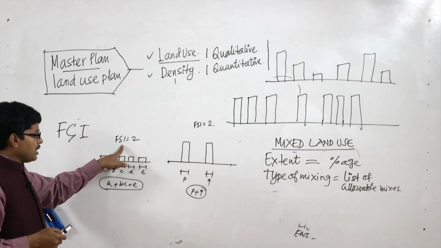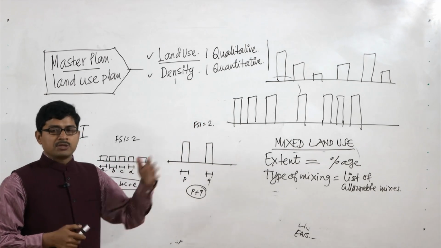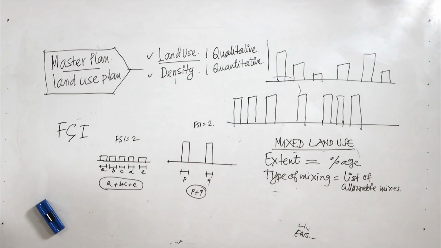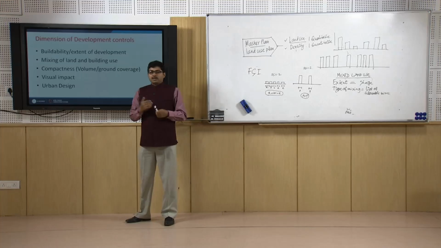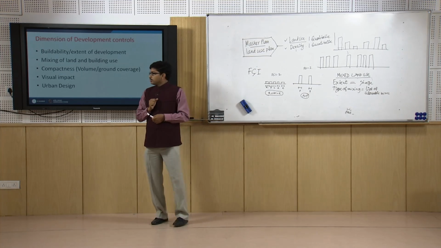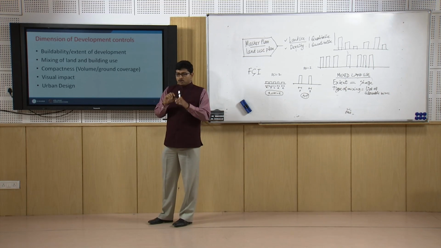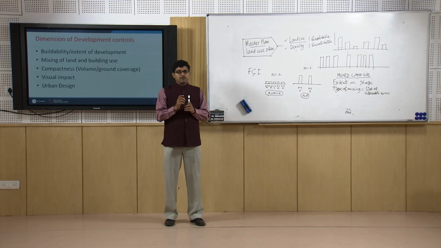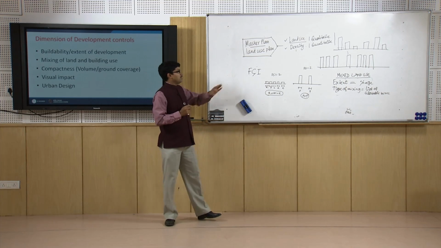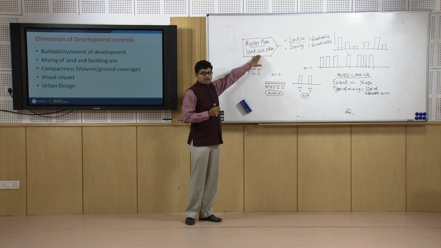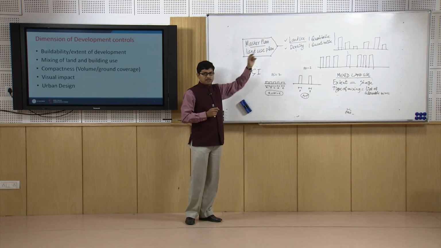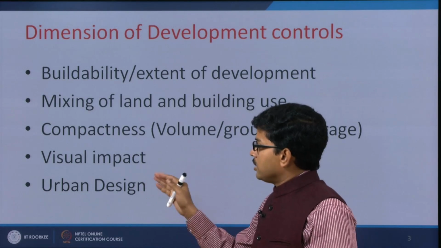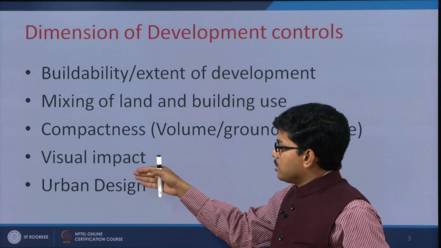Using the FSI, the ground coverage and the height stipulation, we can achieve the desired visual impact of any housing development or land use development. These few parameters are very important to define the buildability of any plot, which we build based on the prescription of the land use plan, where we just prescribe land use and density.